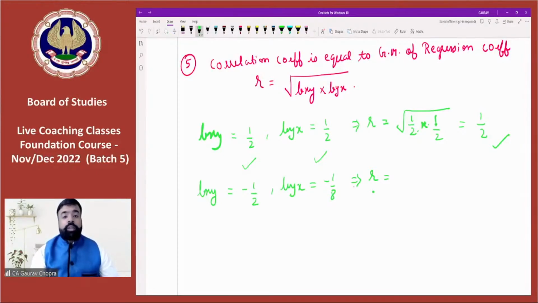You have to find out the value of r. So what will be the correct result? Root of minus half and minus 1 by 8. So how much will come? Let's check who has given the answer.